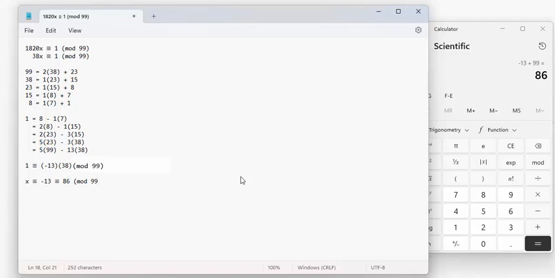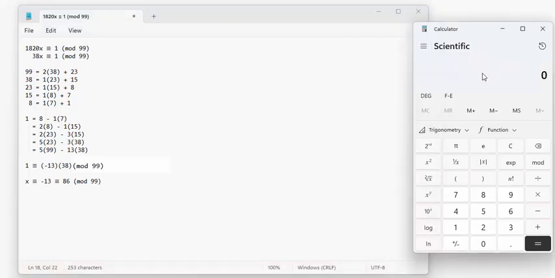Mod 99. Alright, we can verify this by replacing back into the original equation. 86, the inverse, multiplied by 38. Then to get the mod, divide by 99, then subtract 33, multiply back with 99. We get a 1.